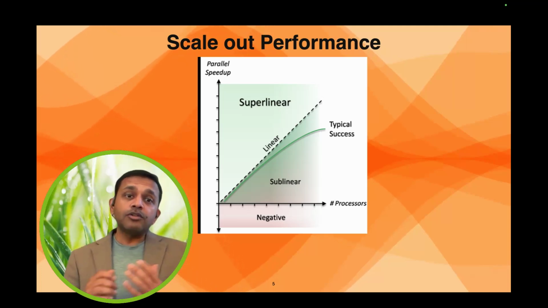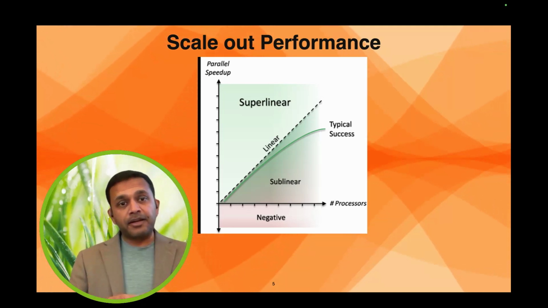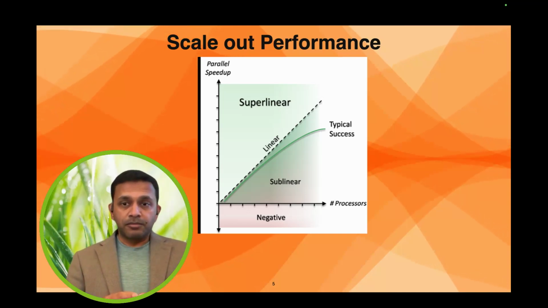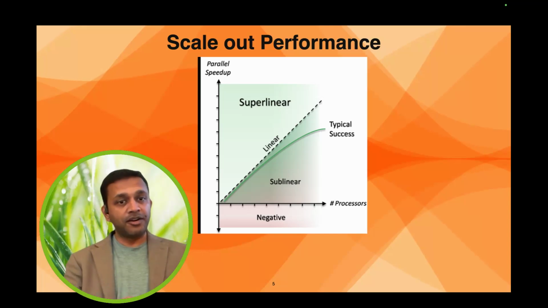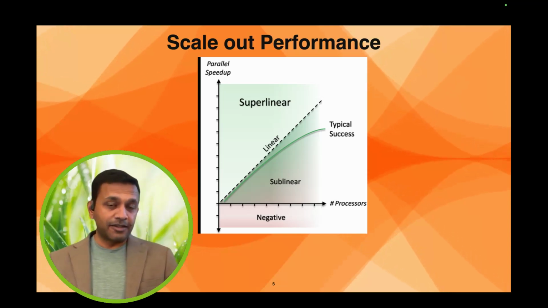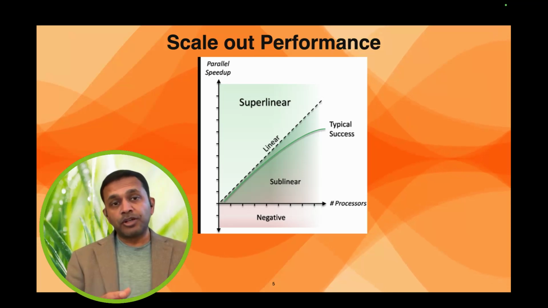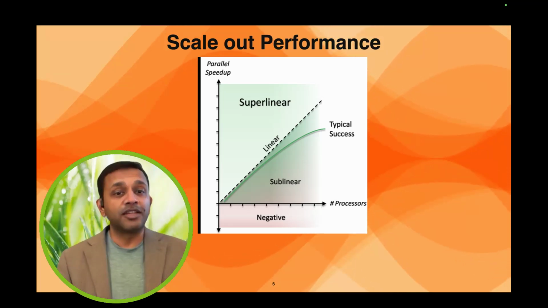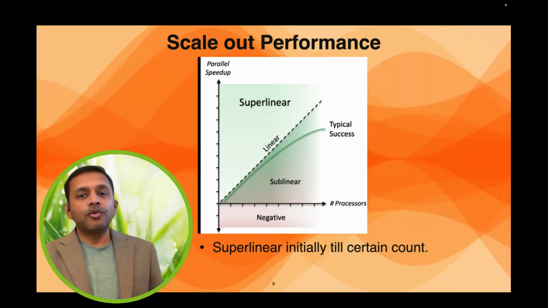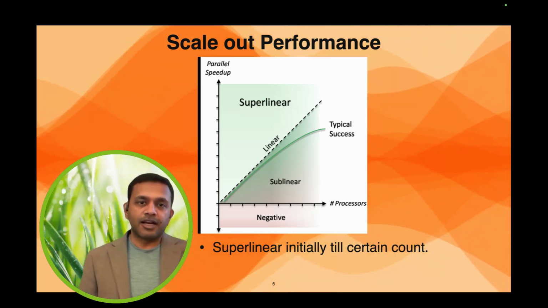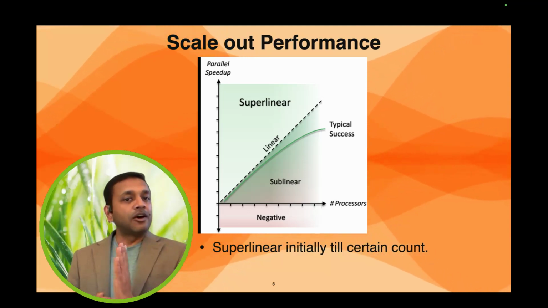However, there are also some factors which are superlinear, which means the moment you split a model's compute across more than one resource and add more resources, let's say from 100 ML accelerators you move to 200 accelerators, you not only move the compute capacity to twice, it actually goes to more than twice. That aspect is called superlinear. In the case of an ML accelerator, initially the superlinear effect will dominate.